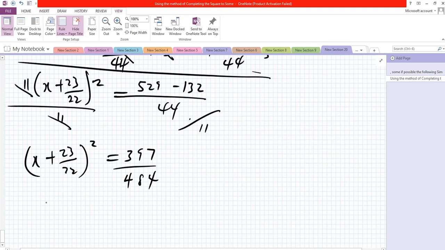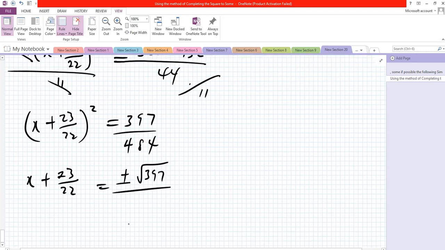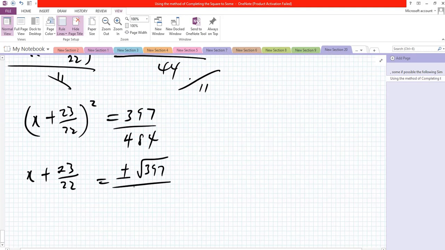Now taking square root of both sides, you have x plus 23 equal to plus or minus square root of 397 all over 22.